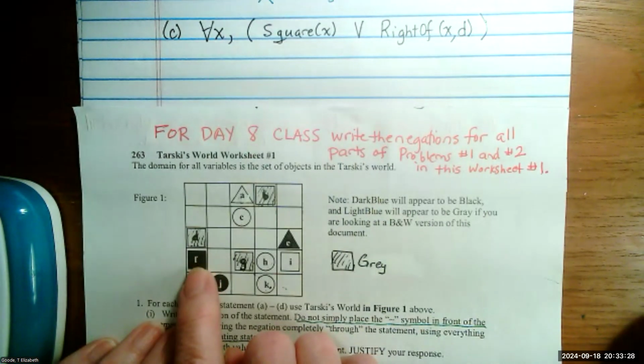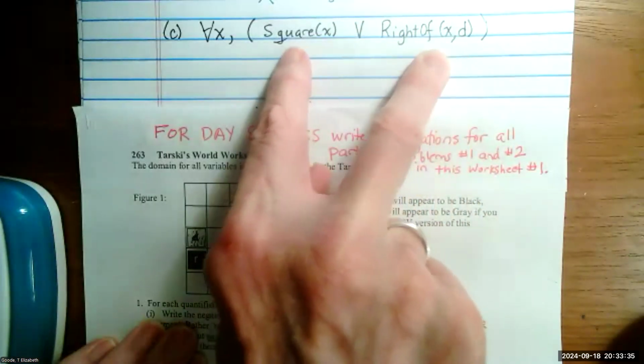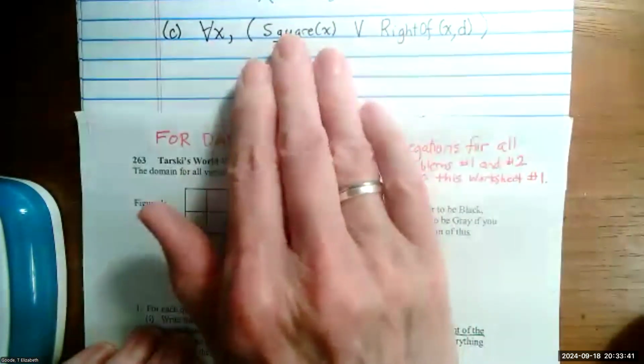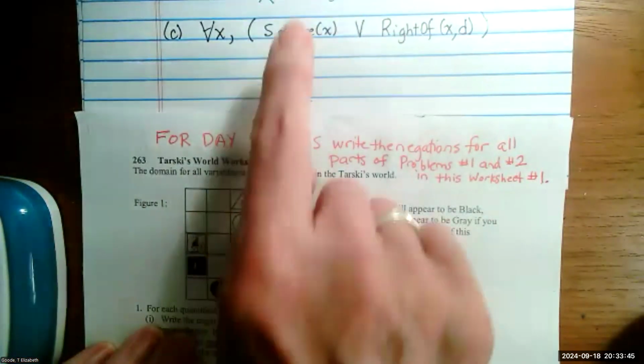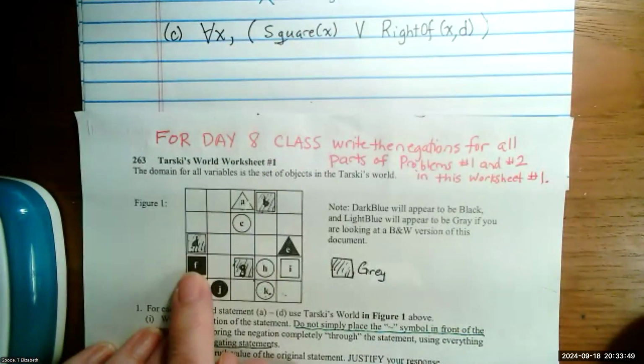Isn't F a square? Yeah, so square F is true. So this or statement is true when X is F because square F is true. You see, it's an or statement. Both of these don't have to be true. It's enough if one of these components is true. And when X is F, square F is true. So the statement is true for X equals F.